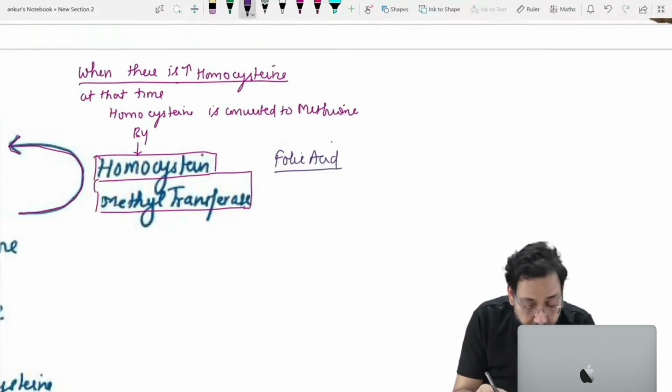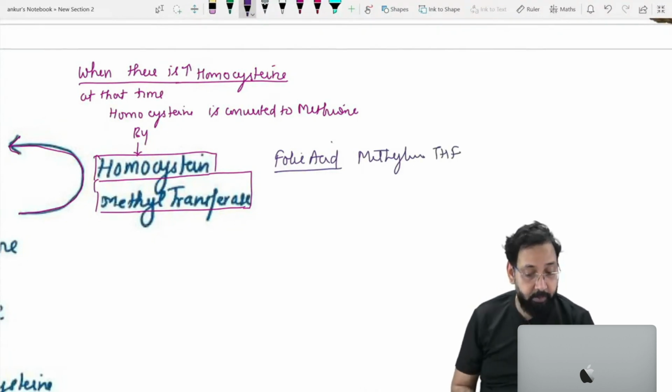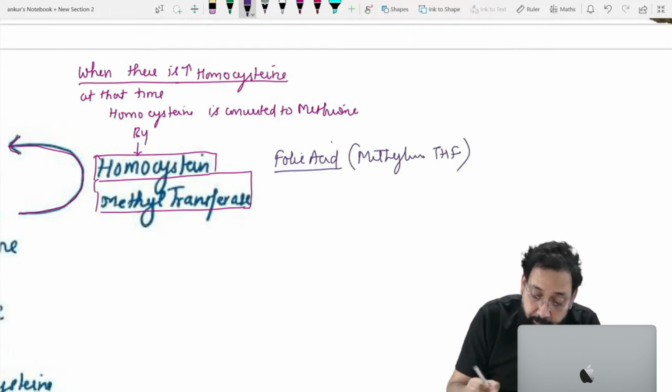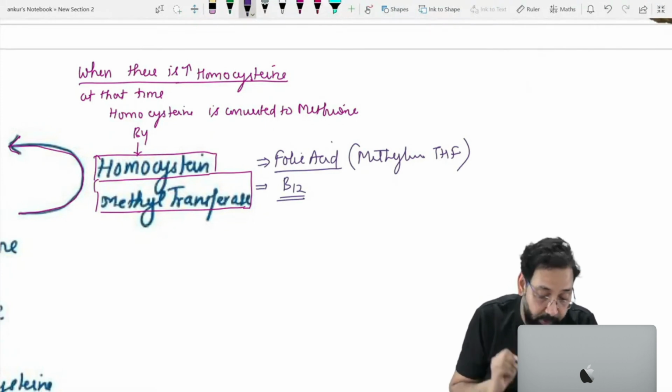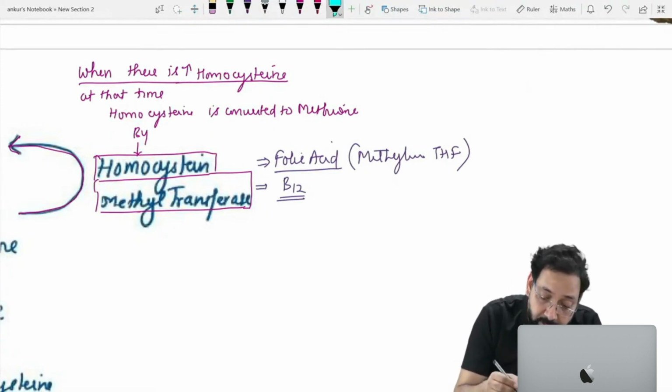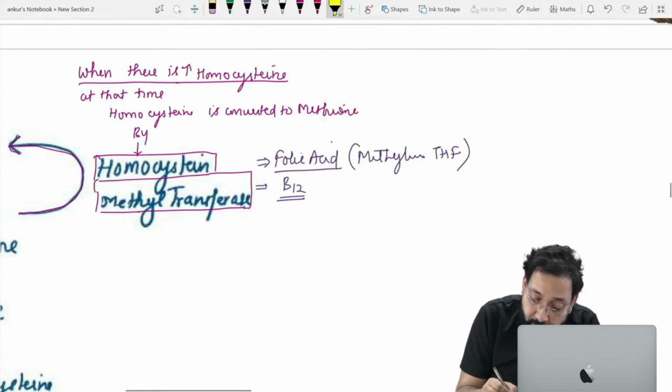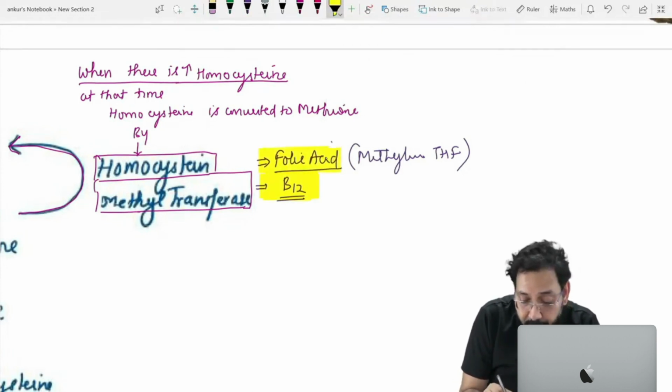Folic acid means methylene tetrahydrofolate. And we found that in this reaction B12 is used as cofactor. So you can say this reaction requires both B12 and folic acid.